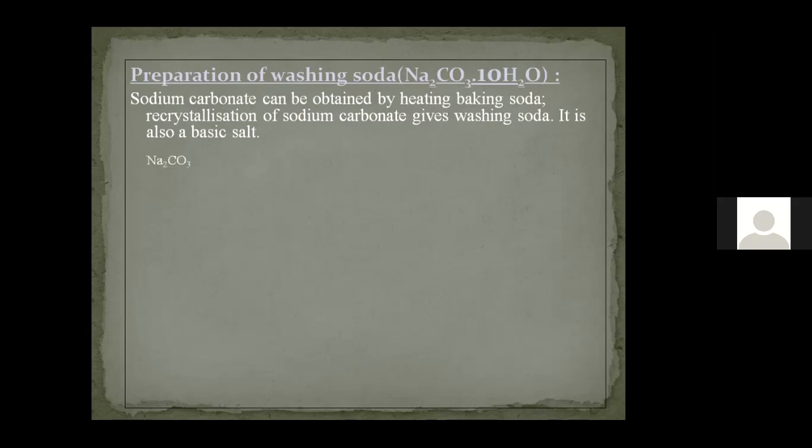First, we obtain sodium carbonate from sodium bicarbonate by heating, and that sodium carbonate is then made to react with 10 molecules of water. During recrystallization, converting the liquid form of sodium carbonate into a solid form, it takes up 10 molecules of water along with it and becomes washing soda.